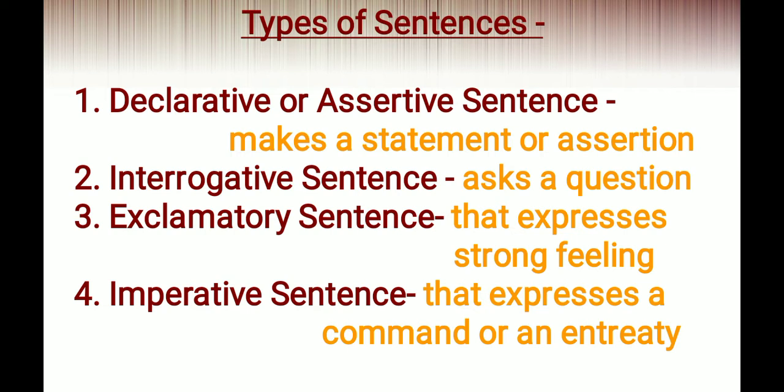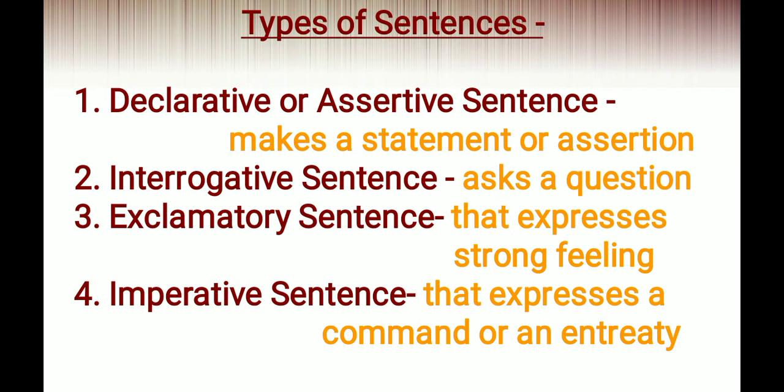Next is exclamatory sentence. Exclamatory sentence is a type of sentence that expresses strong feeling, sudden happiness or sadness. These strong feelings are expressed by these exclamatory sentences, like how cold the night is, what a shame.